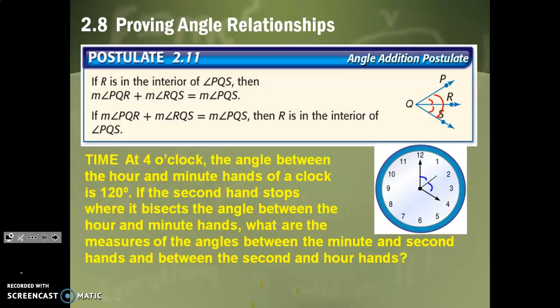Well, 4 o'clock is a third of a whole clock, a third of a circle, and the whole degrees in a circle is 360. If we take a third of that, this large angle here is 120. So we just take 120 divided by 2, and that gives us 60 degrees for each of those angles.